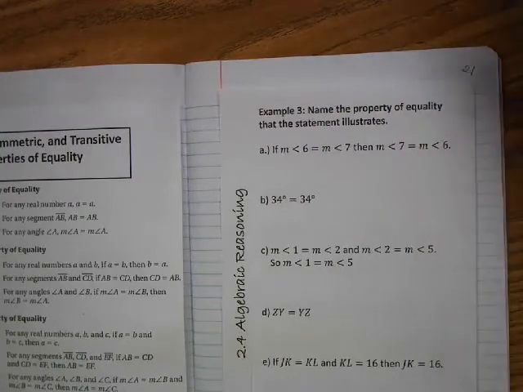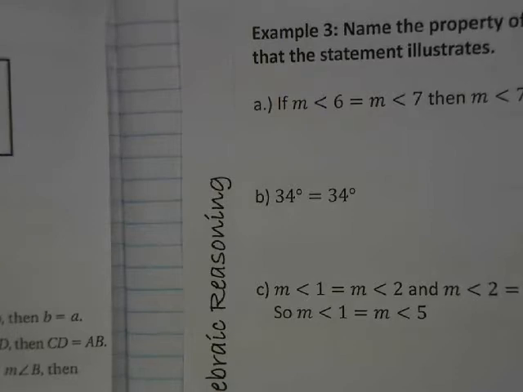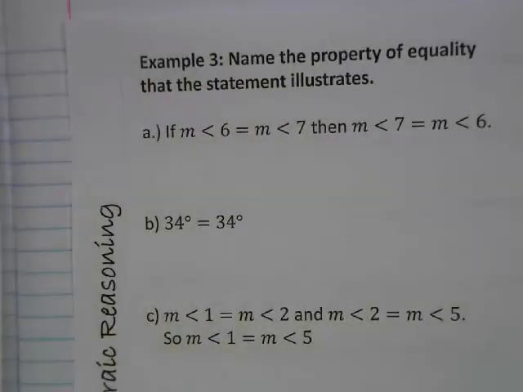So for example 3, you're basically naming the property of equality that is illustrated in each statement. So you're matching basically. So if the measure of angle 6 equals the measure of angle 7, then you conclude that the measure of angle 7 also equals the measure of angle 6. So you want to look back on page 20 to see which property that matches up with.